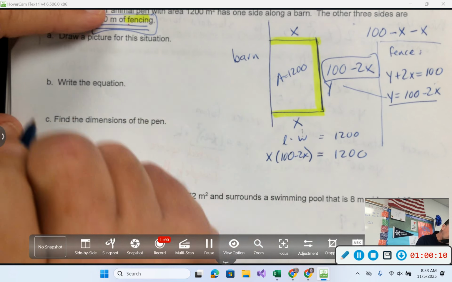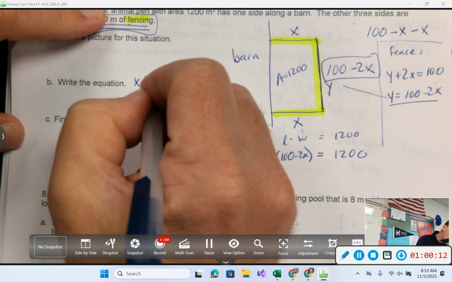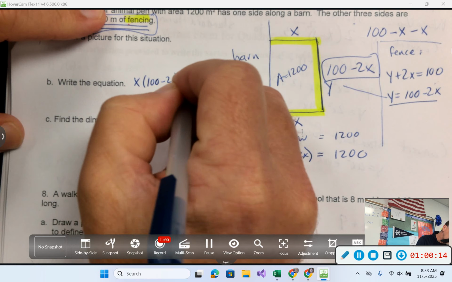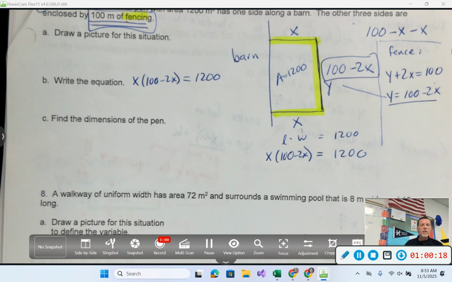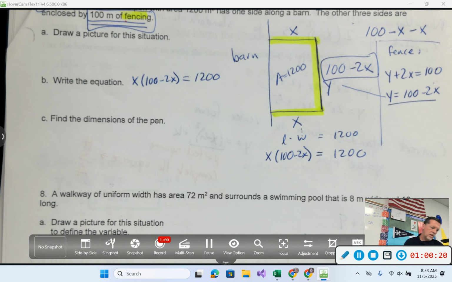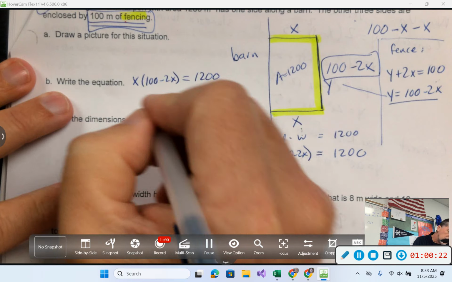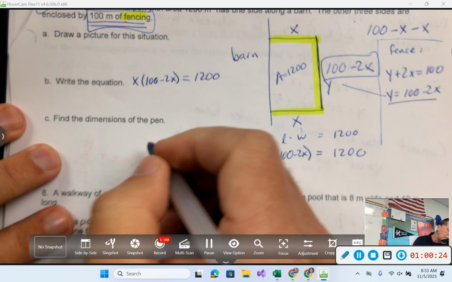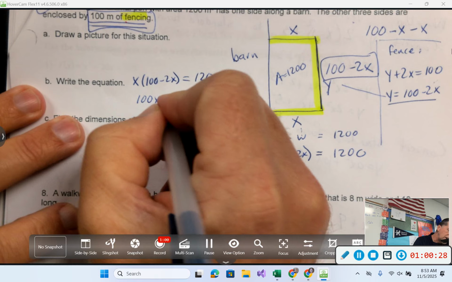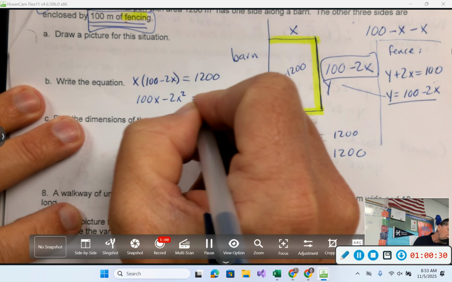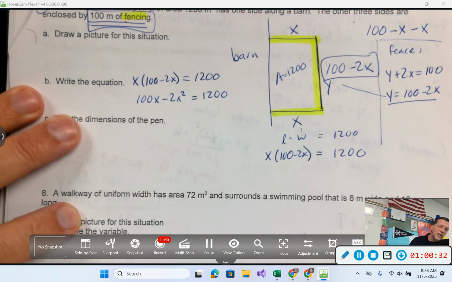So I guess that's the equation: x times 100 minus 2x equals 1200. Find the dimensions of the pen. I'm going to have to solve this thing. So 100x minus 2x squared equals 1200.